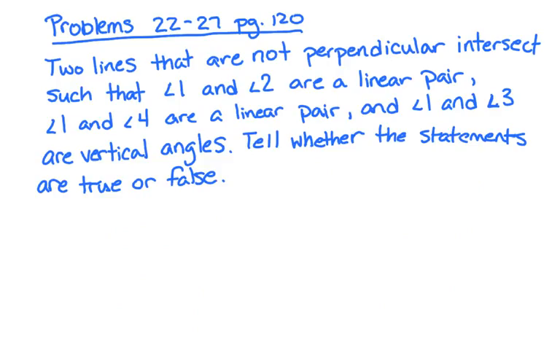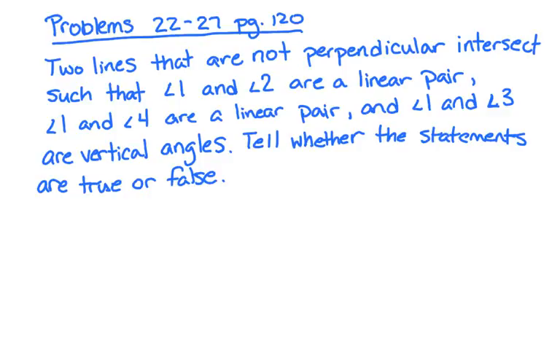All right, so another part of the test is going to be something like problems 22 through 27 on page 120 of section 2.7. The description is in the directions. What you have to do is determine whether the statements you're given on problems 22 through 27 are true or false according to the description that's given.